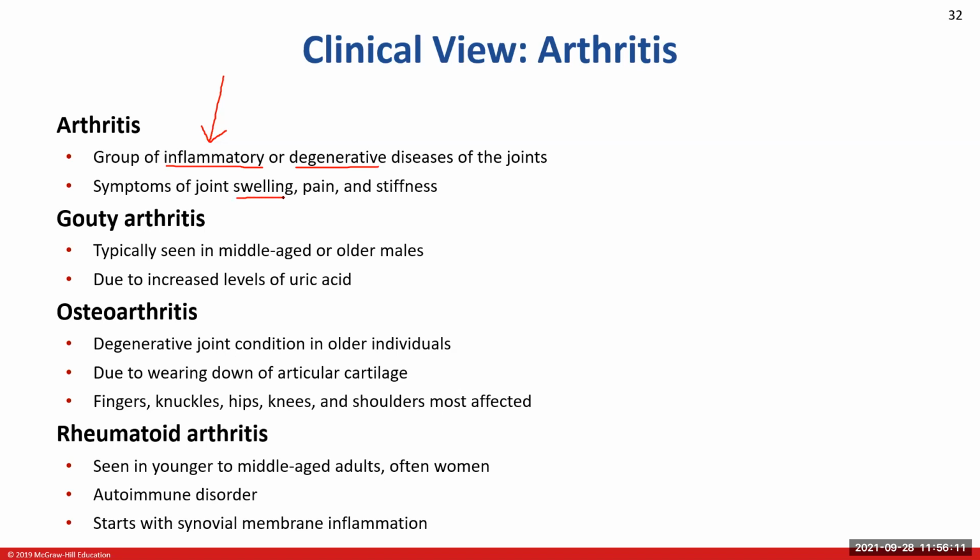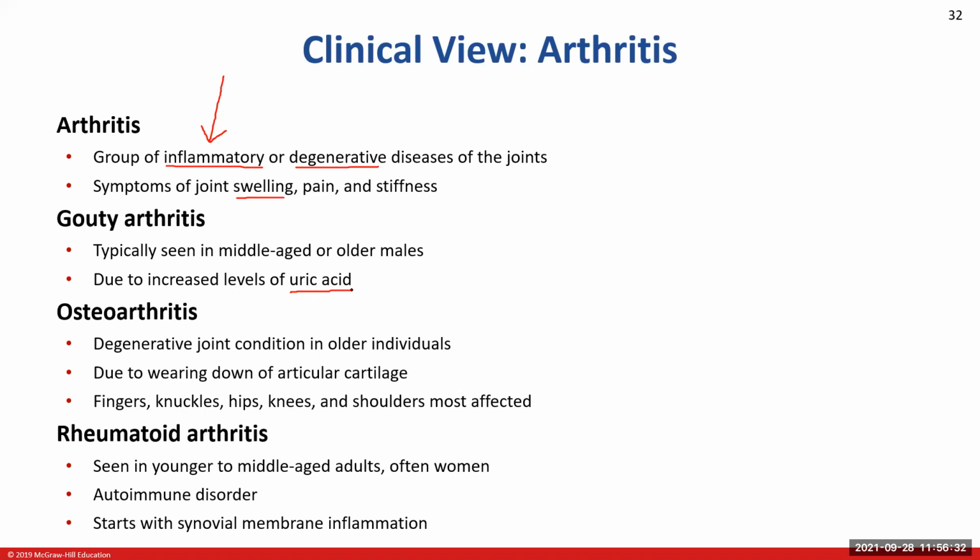So gouty arthritis, also known as just gout. These folks suffer from a significantly increased amount of uric acid. For whatever reason, their body can't clear the uric acid, and so these crystals will precipitate out into the joint spaces.